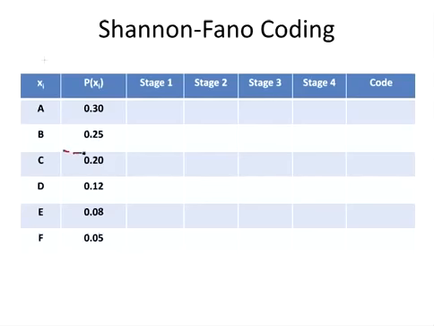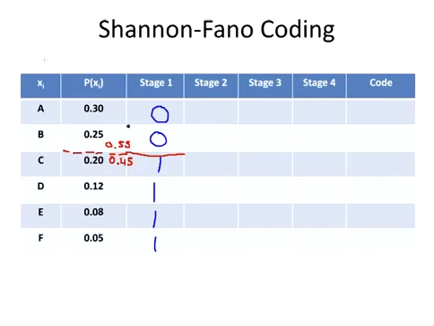So we're going to partition it here: 0.55, which is the sum of the probabilities of A and B, and 0.45, which is the sum of the probabilities below. That's as close as we can get to equal probability. So, for everything above the partition, 0, and everything below the partition, 1. Each stage goes like that.